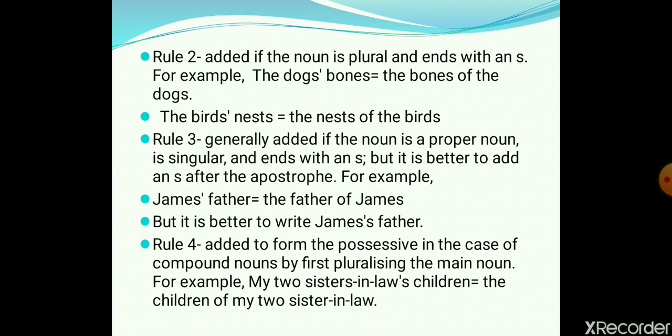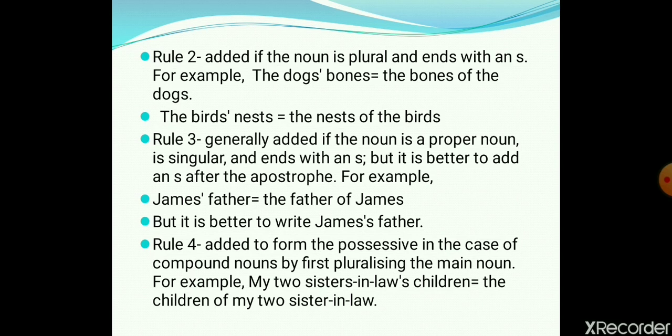So here we place the apostrophe after S. But it is better to write James's father, which means it is better to put the apostrophe before S rather than after S. But both sentences are correct. Whether you place it before S or after S, both are correct. What you have to understand is that it is a singular noun, not a plural noun. Is it clear?